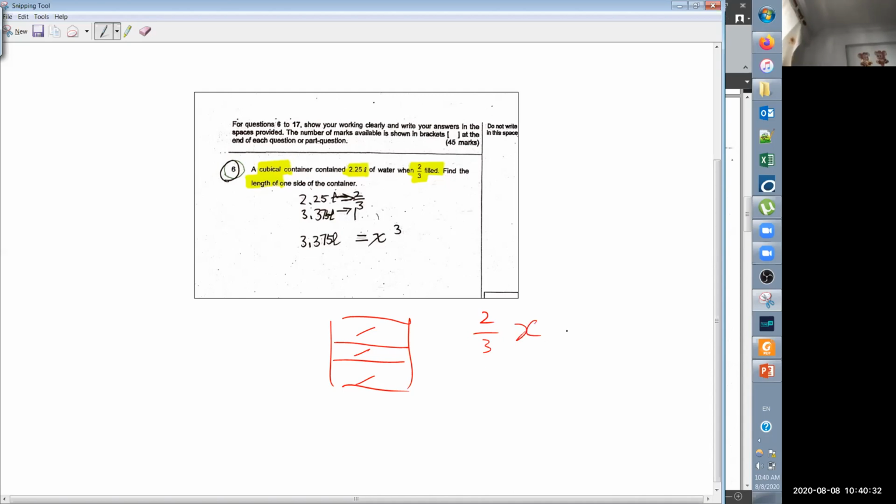So two-thirds of x is actually your 2.25. So you can find out what's your x, right? So is your x 3.375? 是吗？对. Okay, so find the length of one side of the container. So yep, you are right. This is the way you can do it.